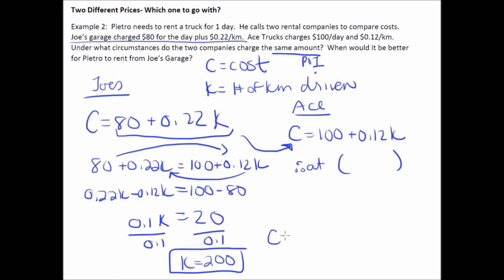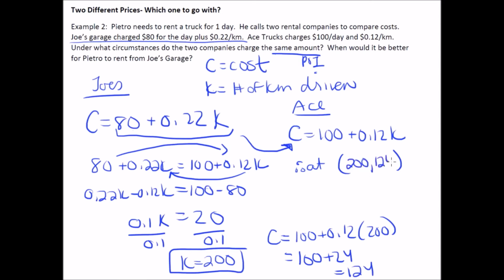So let's go c equals 100 plus 0.12 times 200. 0.12 times 200, I get $24. So 100 plus 24 is 124. Okay, so when we drive 200 kilometers with either Joe's Garage or Ace Trucks, it is going to cost $124.